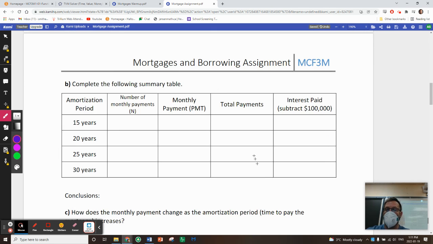And then I have a little summary table where you're going to find the interest. And I kind of tell you how to do that. Multiply N times PMT, get the total payments and then subtract 100,000. Nice round number, easy to subtract. And then you'll be able to make a comparison and answer a few concluding statements, like, how does the monthly payment change as you take more time to pay it off? I think it's very straightforward.